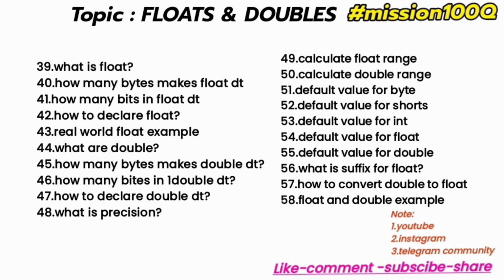How many bytes in one double data type? How to declare double? What is precision? Calculate float range, double range, and default value for byte, short, int, float, double. What is the suffix for float? How to convert double to float? And we will be discussing some examples related to float and double.